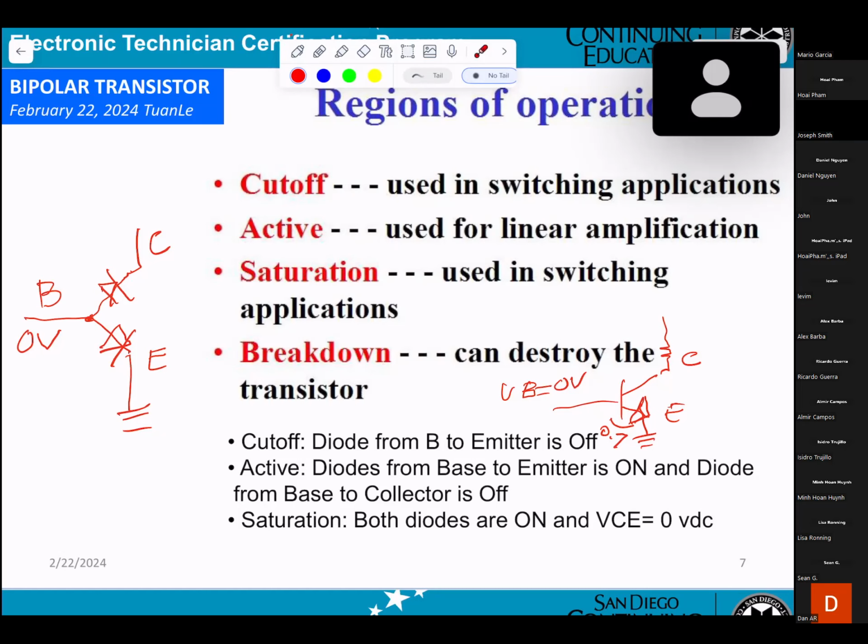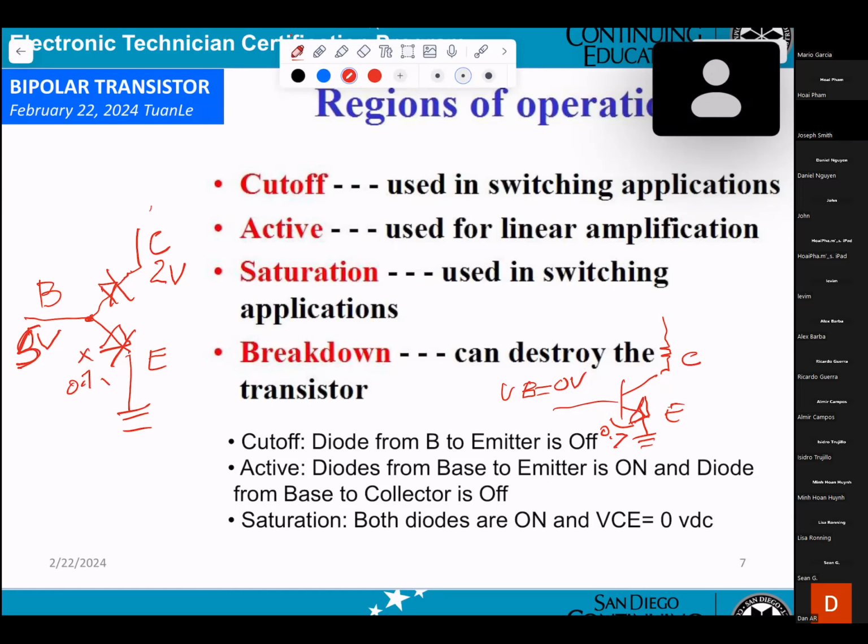Now, if I get 5 volt here and 2 volt here. See what happened? 5 volt at the base, at the middle, you get plus minus 0.7 volts.